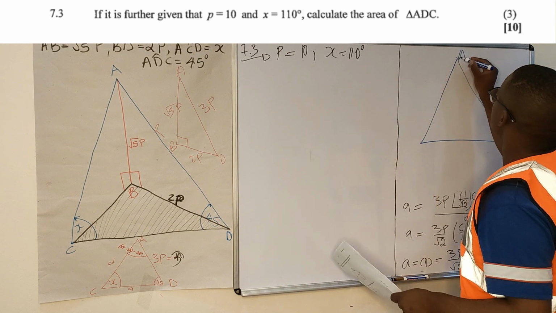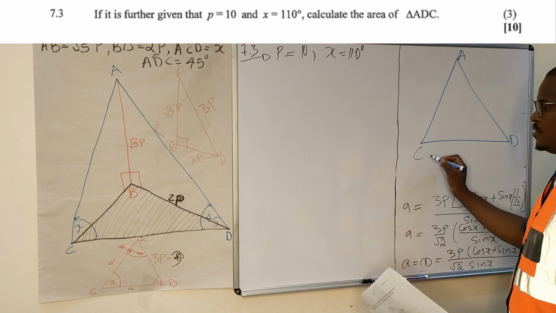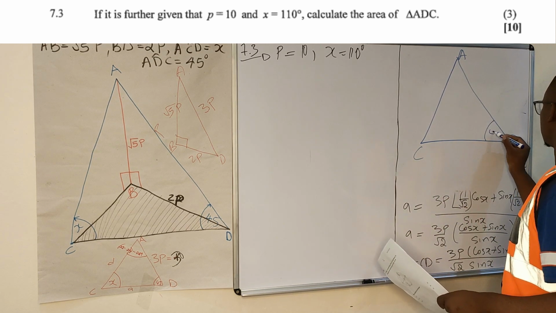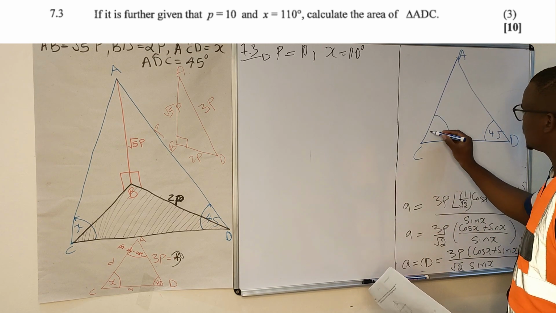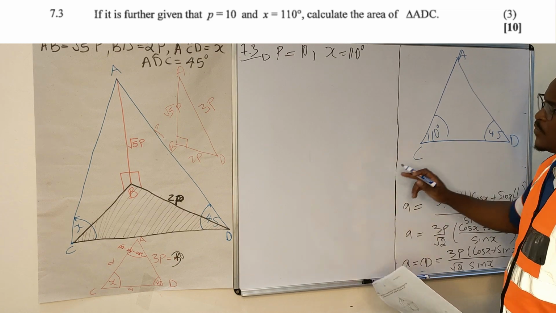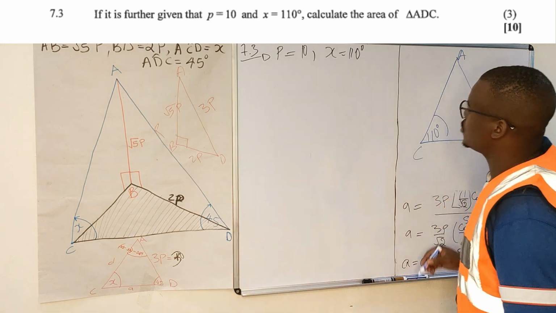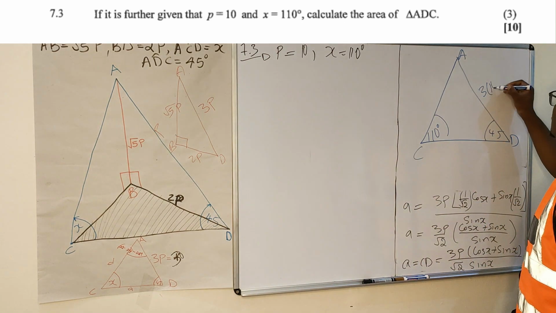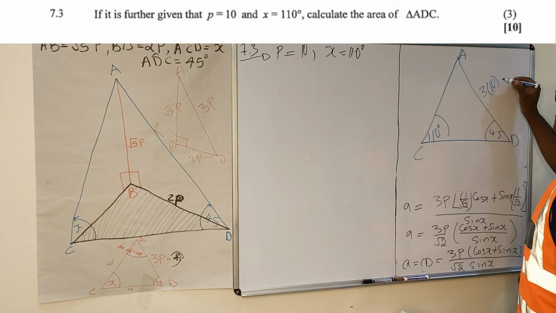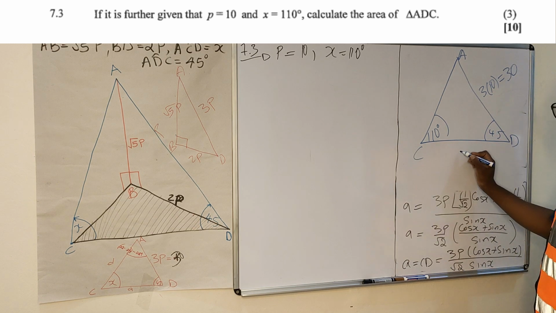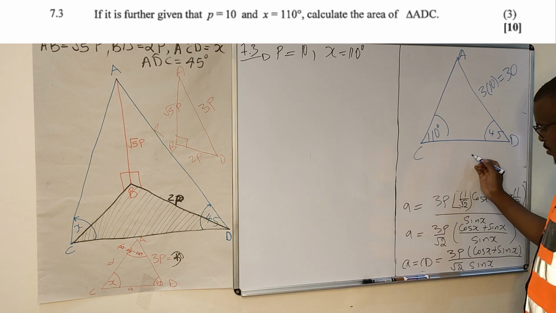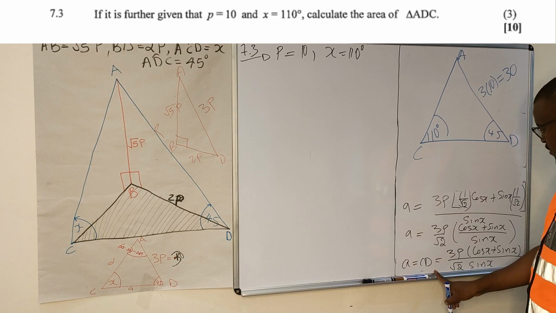So you have your A, you have a D, you have a C. So you're given that this is 45 degrees. Now you're told that this is 110 degrees. So you have 3P there, which is 3 times 10, because P is equal to 10 now. So you have 30 here. Here, CD, you've said you can calculate CD like this.